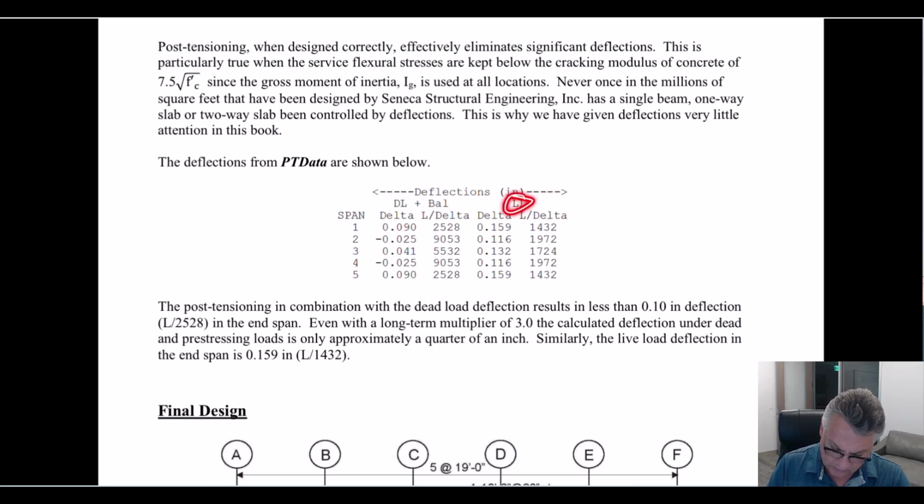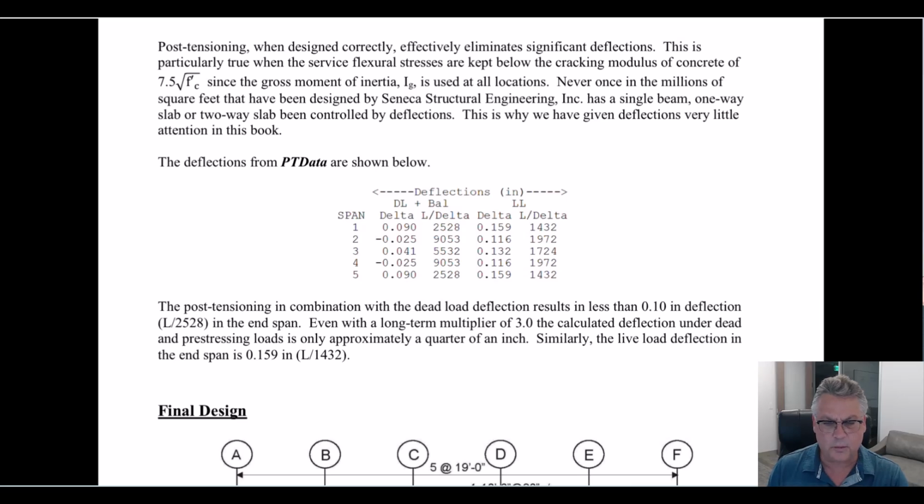The live load deflection just by itself is still tiny numbers. 0.16 inches of deflection. These L over delta values, L over 1432. You're nowhere near the 180 or 360 or whatever you've decided your limiting factor for deflection is. We're in the thousands here.